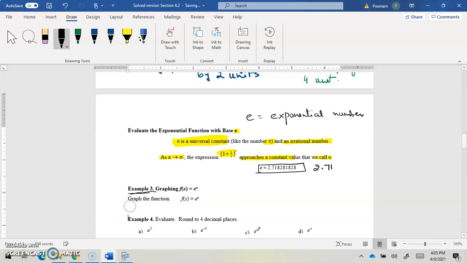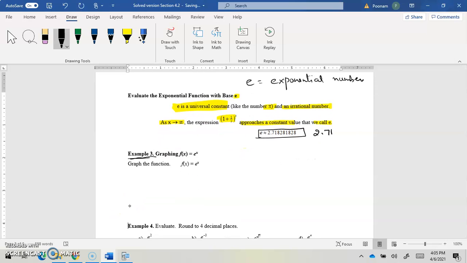So if you notice, E raised to power x, we said E is approximately 2.71, right? So we graphed 2 raised to power x. So we said it was something like this. This was 2 raised to power x. Then we said if we can graph 3 raised to power x, it will steep faster because the base is larger.